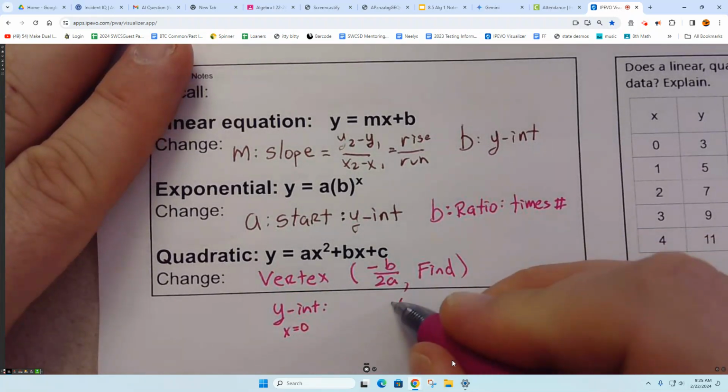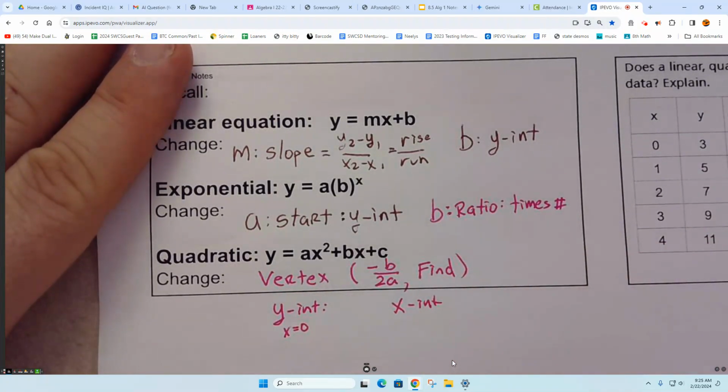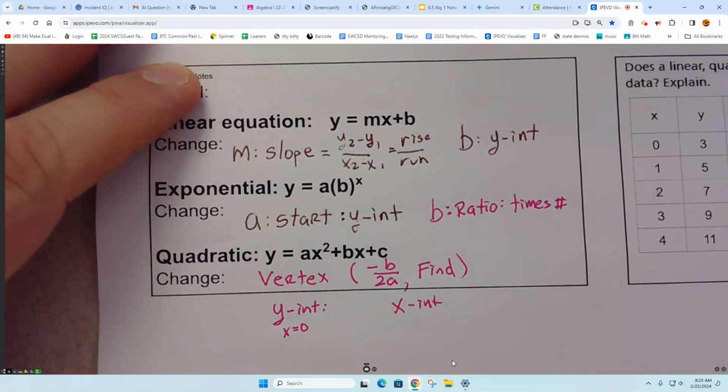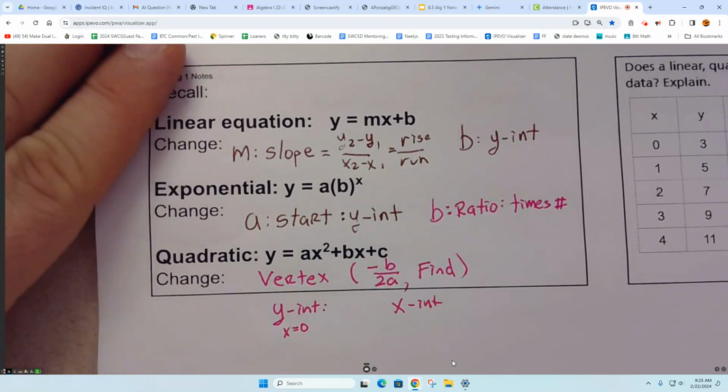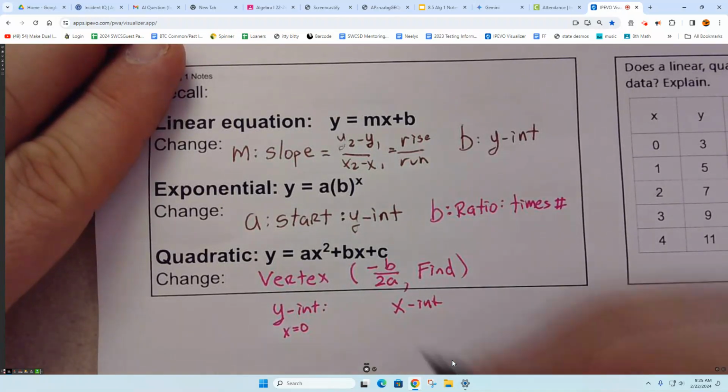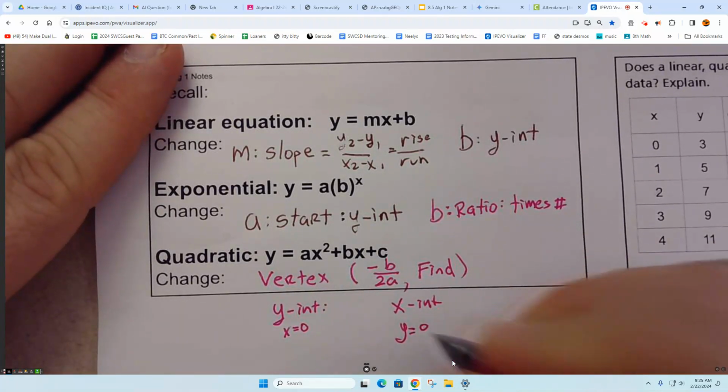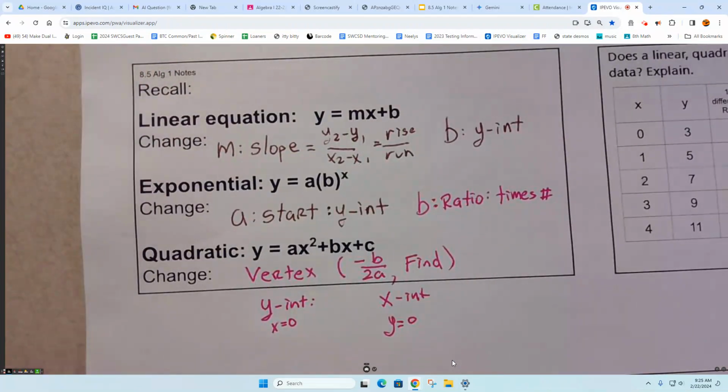And then the x-intercept: how do we find it? y equals 0. Awesome. It just means when does y equal 0. That's a little bit trickier, and we're going to learn that next chapter.